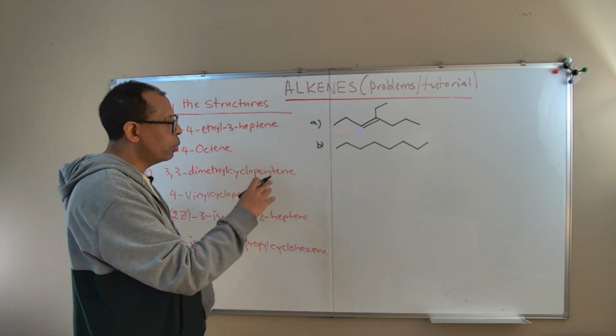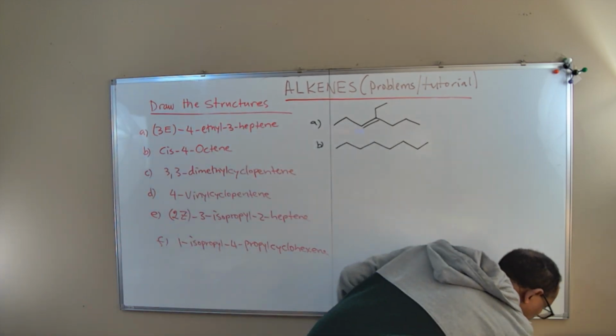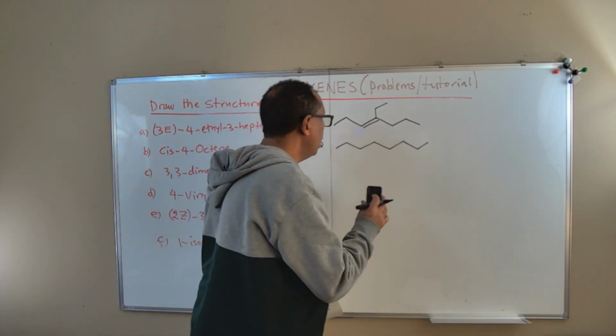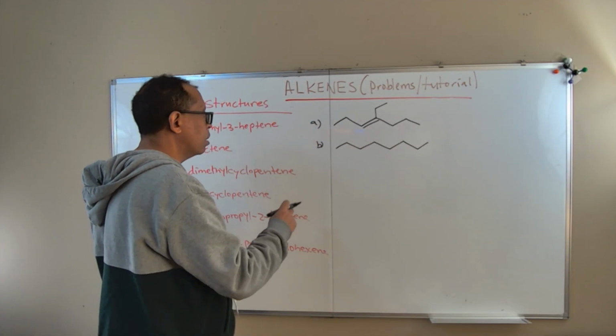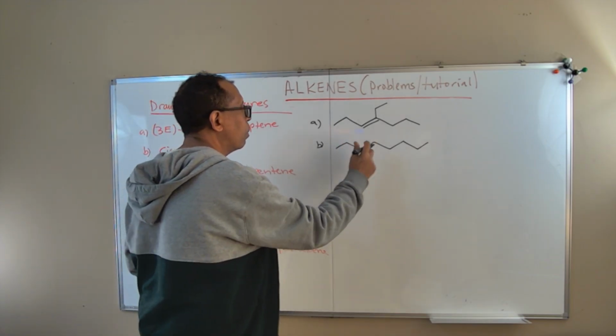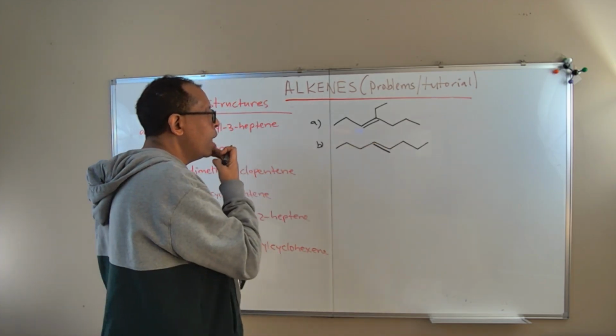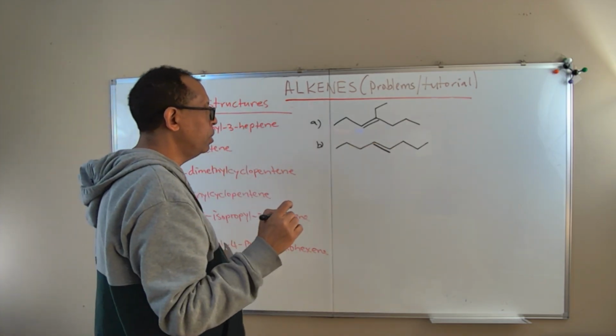So now the way I have drawn it will not give me a cis compound, because at 4th position, it is 1, 2, 3, 4. This is a trans. So that's not how it should be drawn.